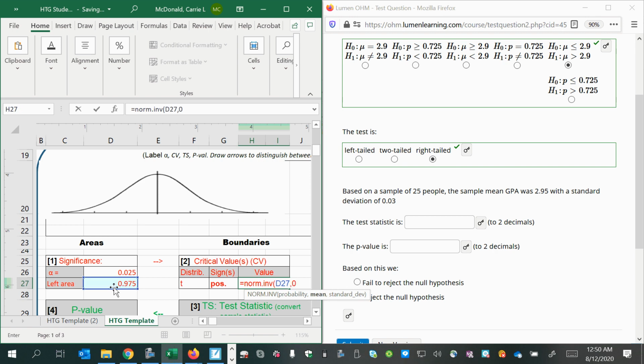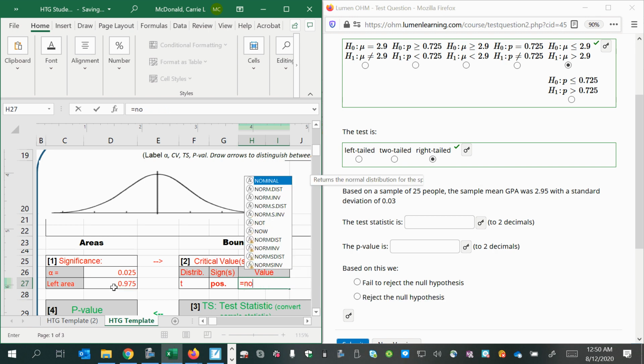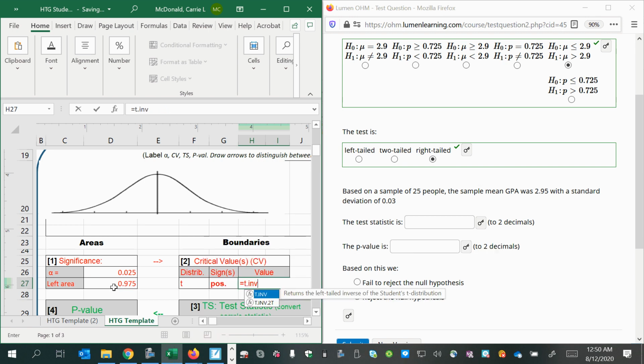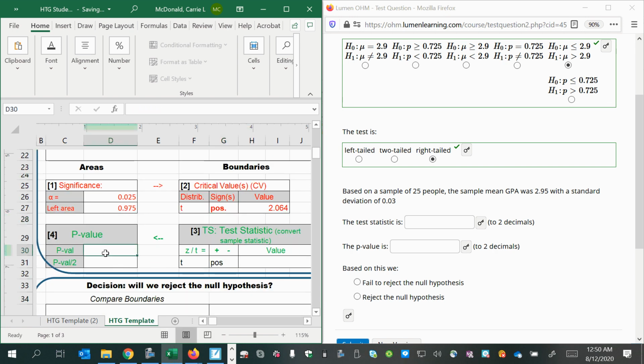We don't do mean and standard deviation for the t distribution. Degrees of freedom is always n minus 1, so in this case, 25 minus 1 would be 24. The p-value is going to come next. So now I have my critical value, and now I'll do my test statistic, and then I'll find my p-value.